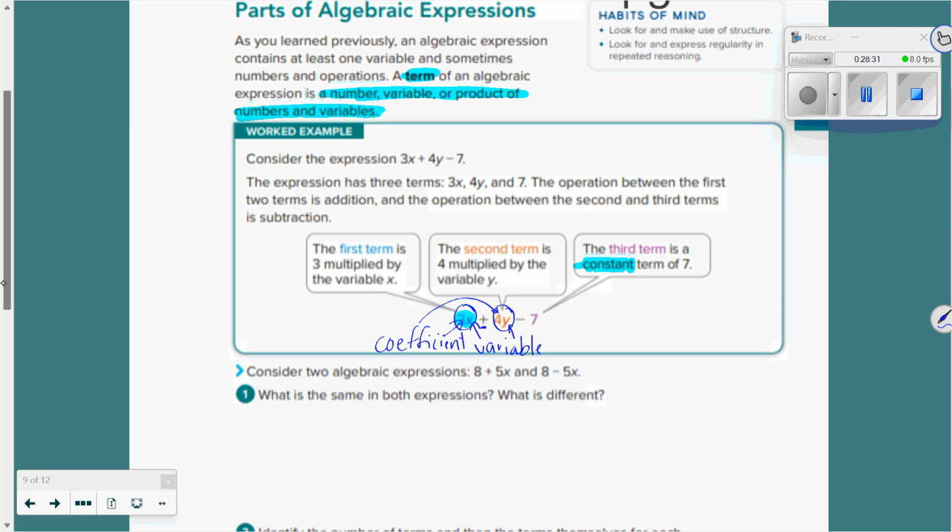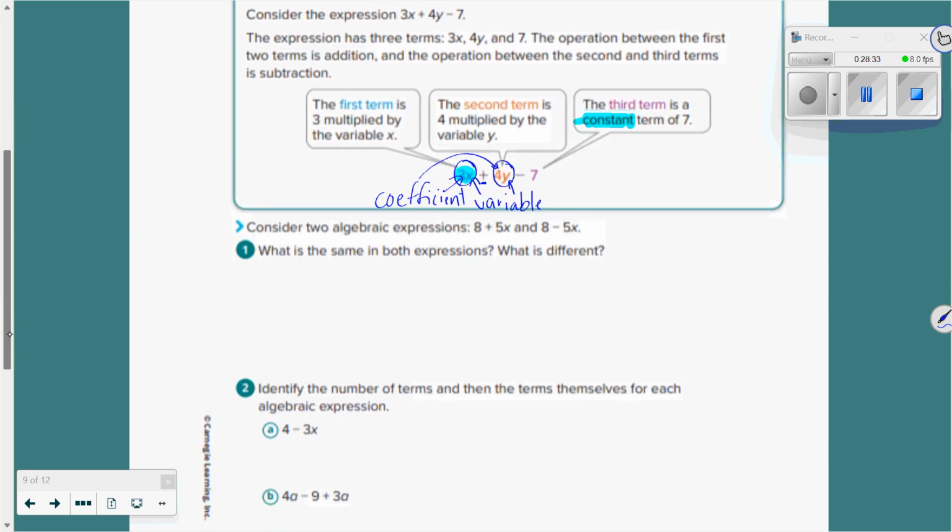So when I start looking at this, I have two algebraic expressions, 8 plus 5x, 8 minus 5x. What is the same in both and what is different? So we got two parts. The same is I have the same terms. They both have 8s and 5x's.